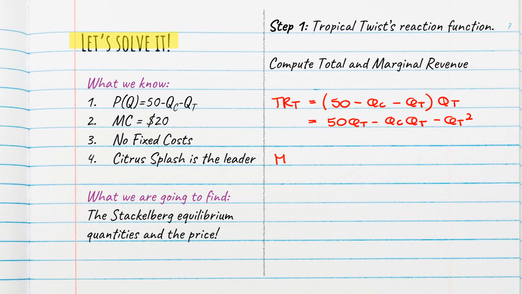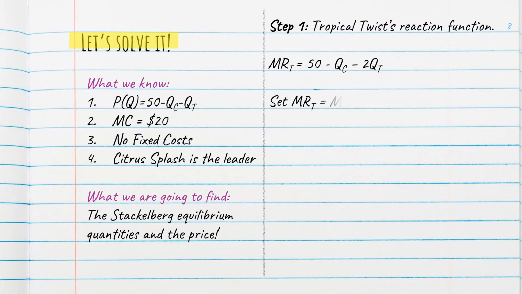From here, we can find the marginal revenue for Tropical Twist by finding the partial derivative of the total revenue function with respect to QT. This partial derivative is 50 minus QC minus 2QT. So we have our marginal revenue for our follower now.